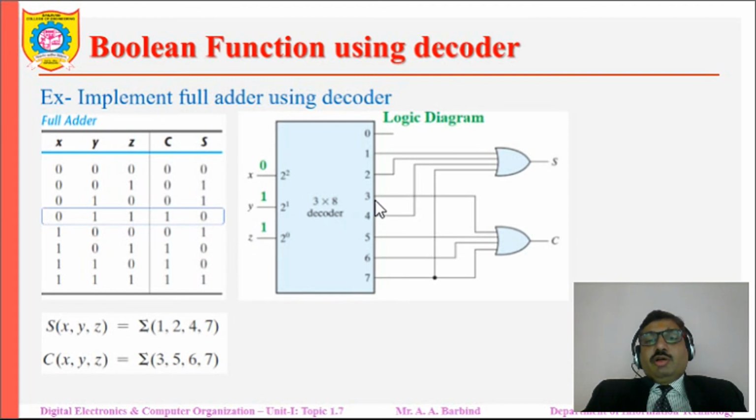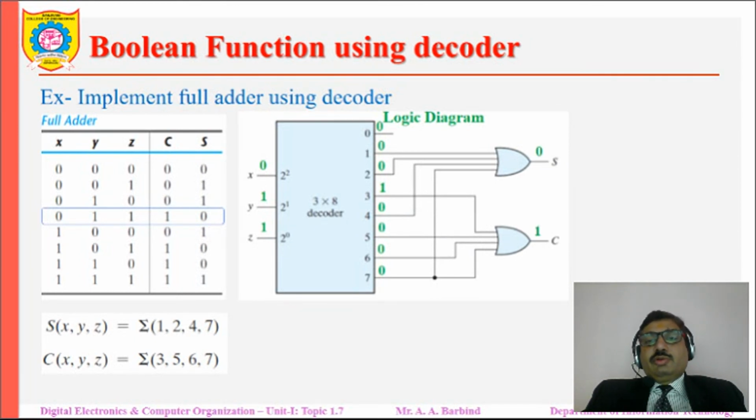All the other outputs will be inactive while only the third output will be active, and since outputs are active high, that will be 1, whereas the remaining outputs will be 0. As a result, the carry OR gate will have output 1. So carry will be 1 and sum will be 0.